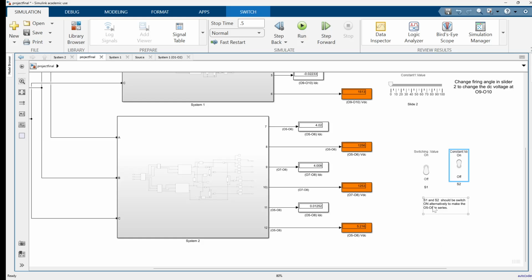Now let's make them in series. To make them in series, I have to keep my switch 1 on and switch 2 off.